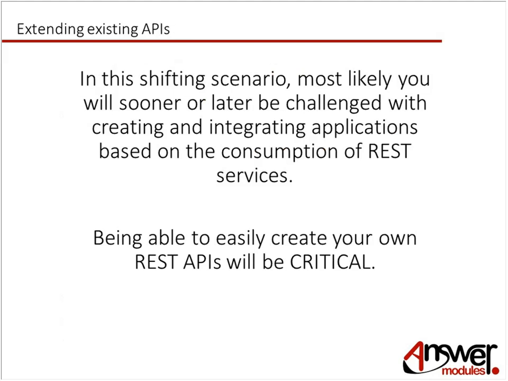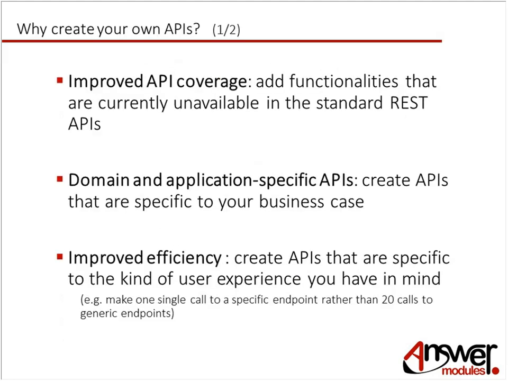And we think that being able to create your own REST API endpoints on Content Server could be critical. And we think this for a variety of reasons. Probably the most common is a matter of API coverage. So we know Content Server is a huge thing, and it also comes with a wide range of optional components that can be installed.